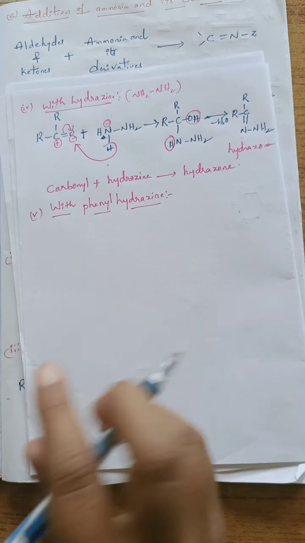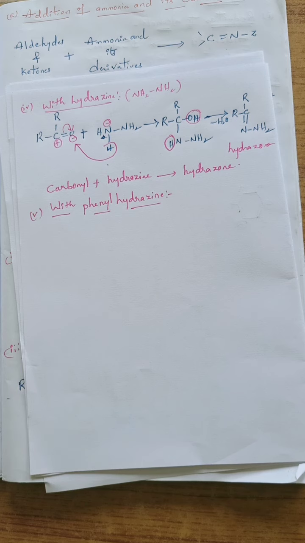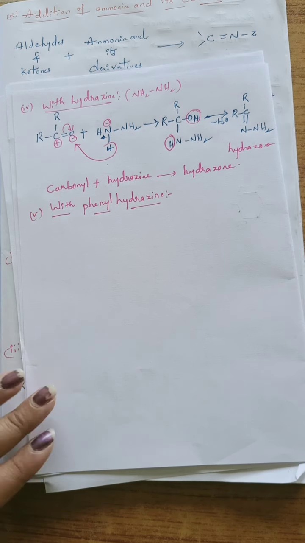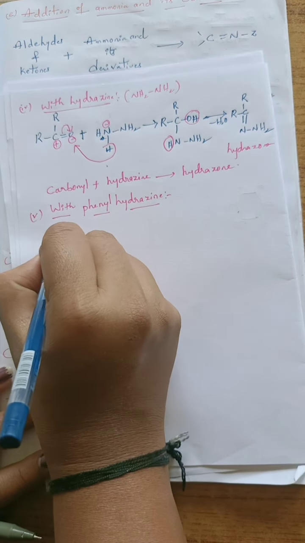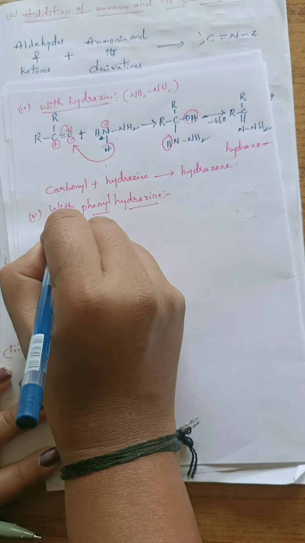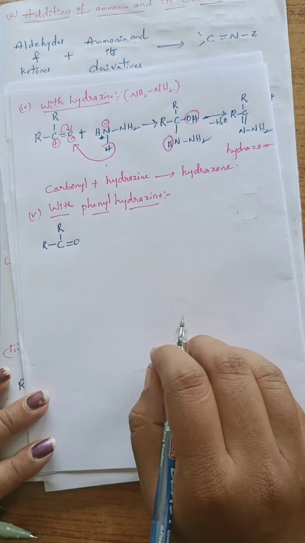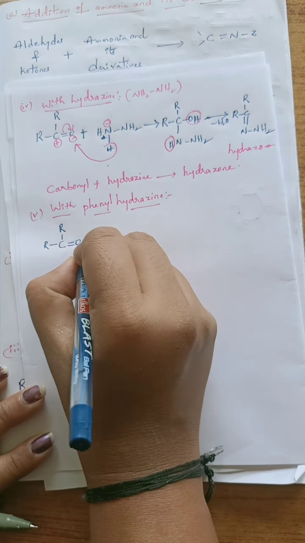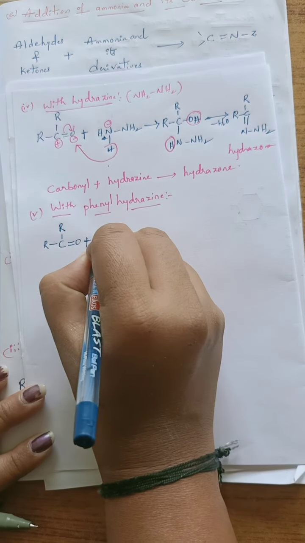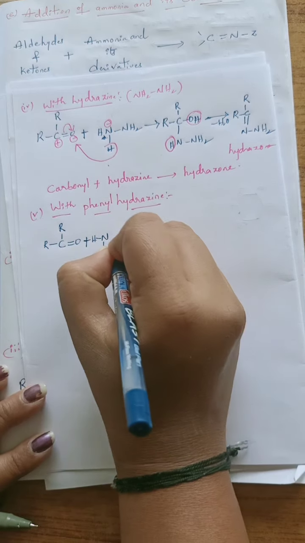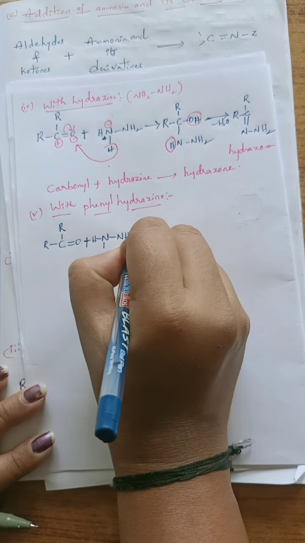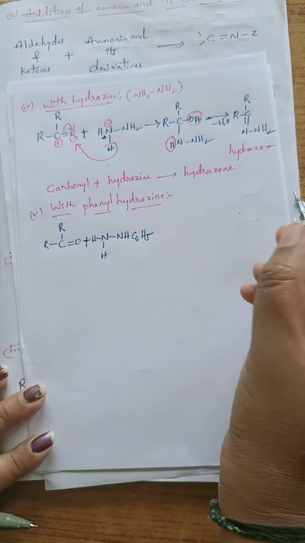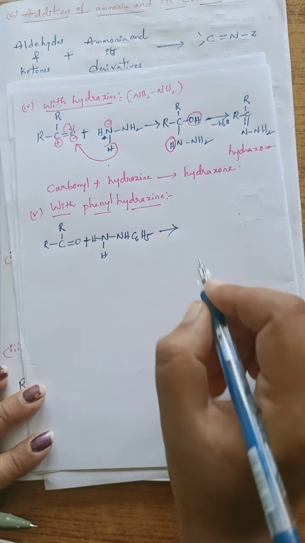I am taking the general representation of the carbonyl compound, R-C=O, where it may contain hydrogen or an alkyl group, depending on aldehyde or ketone. Now it reacts with phenyl hydrazine, that is NH2-NH-C6H5. First what happens?